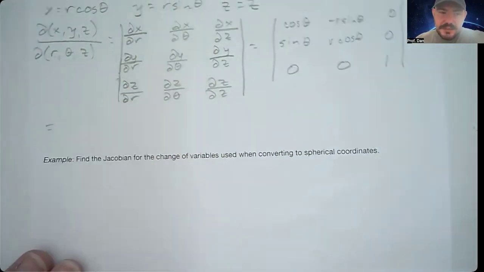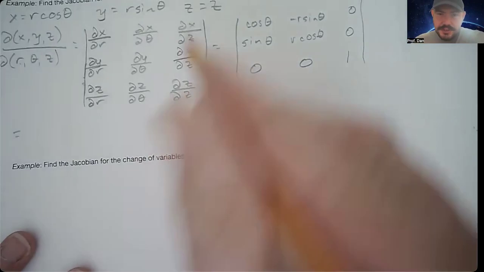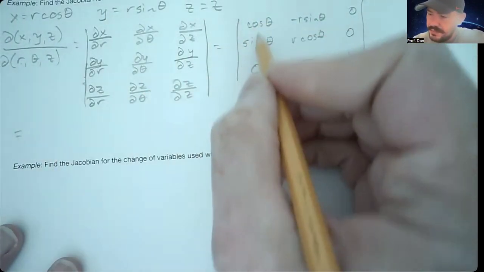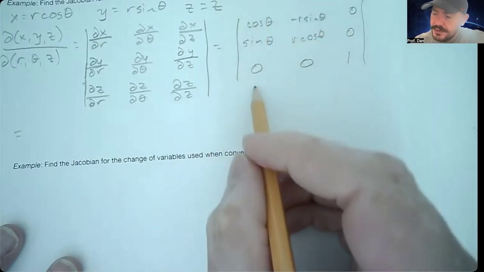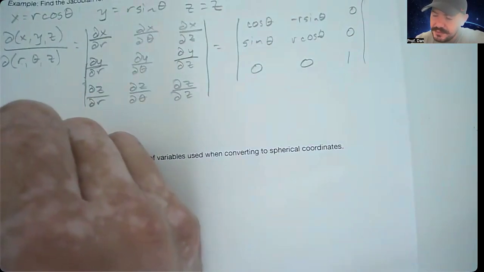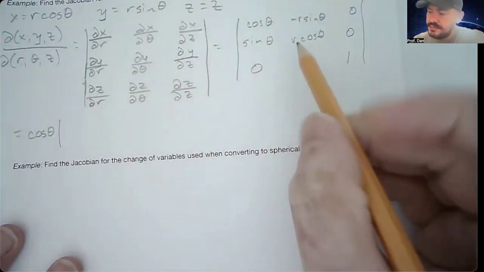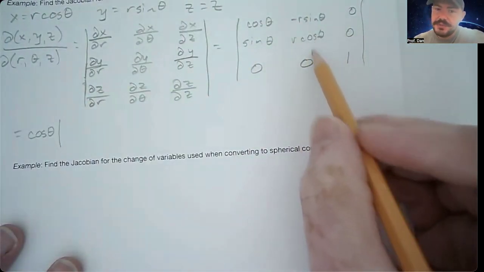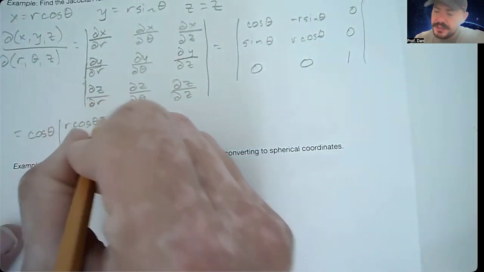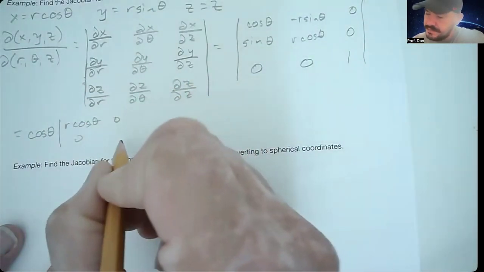Now, if I were to set up my 3 by 3 determinant, which I'll go through just to remind you what that looks like, remember, you're taking out the first column, first row. The intersection is cosine theta. And the square left behind would be this one. So determinant of r cosine theta, 0, 0, 1.